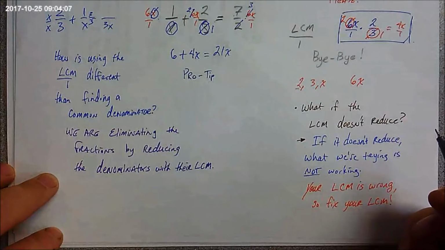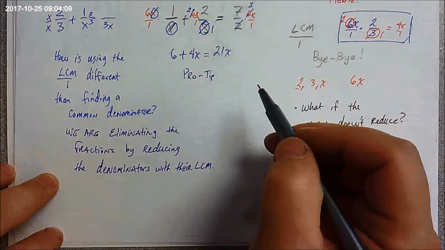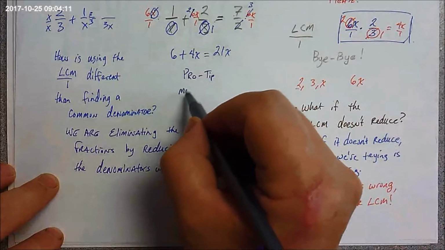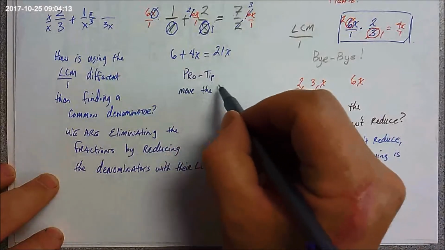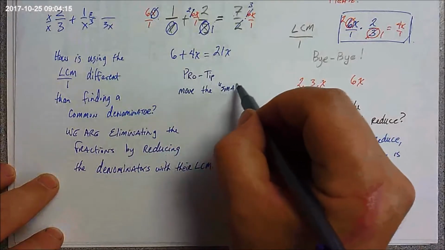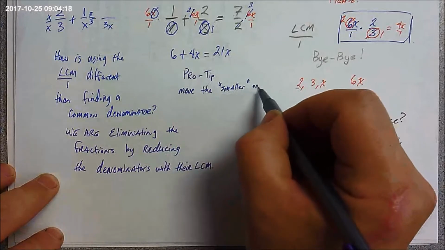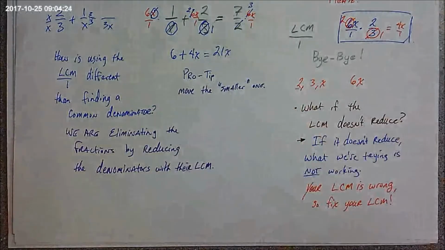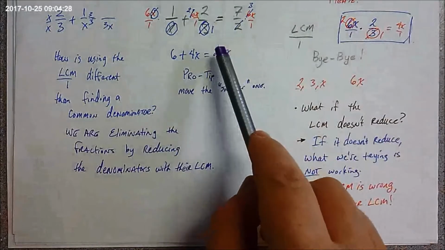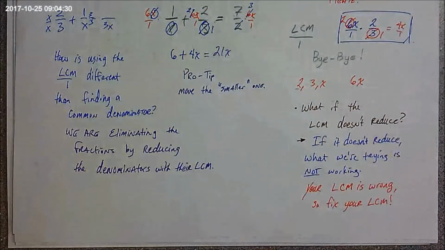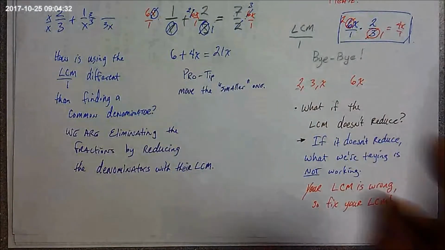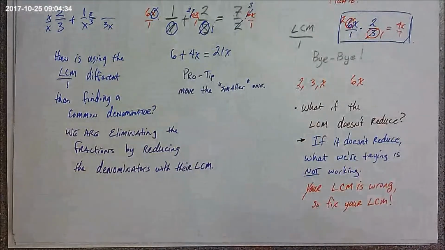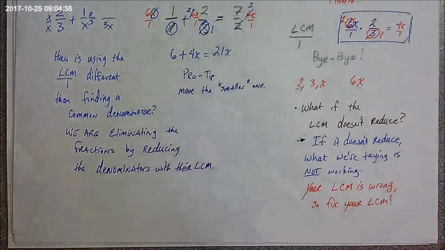What is it, Valeria? That's right. You move the smaller one. If you move the smaller one, your life will be easier. If you move the 21, you won't be wrong. There's nothing wrong with moving the 21x, but you're going to have a negative, you're going to have it equal to 0, you're probably going to mess it up. If you move the smaller one, life is easy. Because then, yeah, it'll work out.